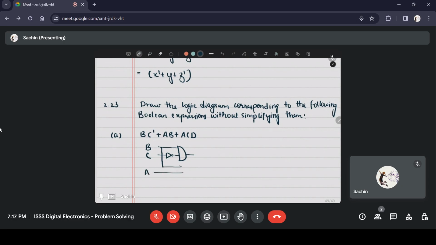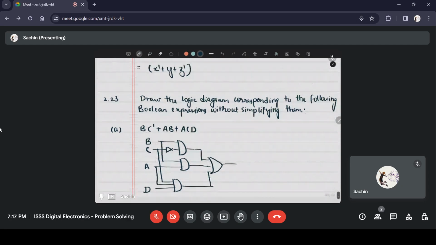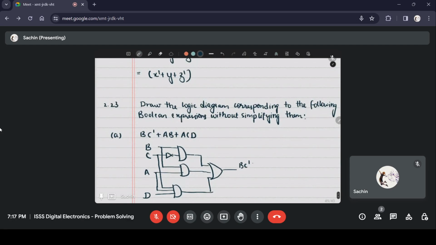That's AB. That's ACD. That's the sum of those three terms, which is BC prime plus AB plus ACD.